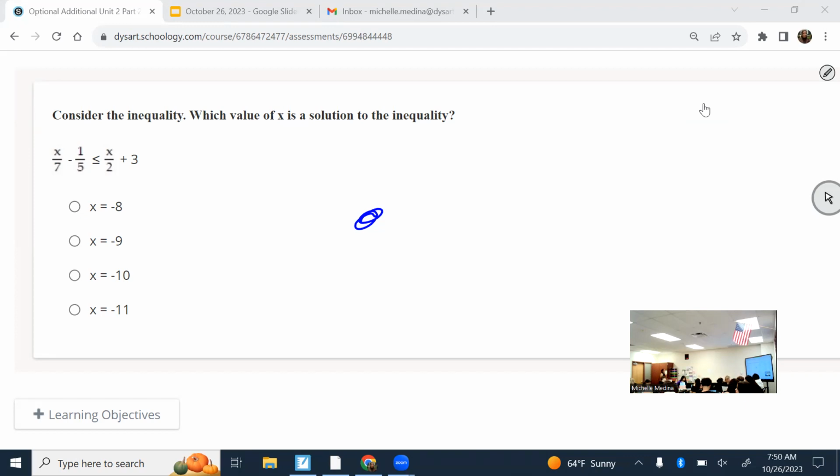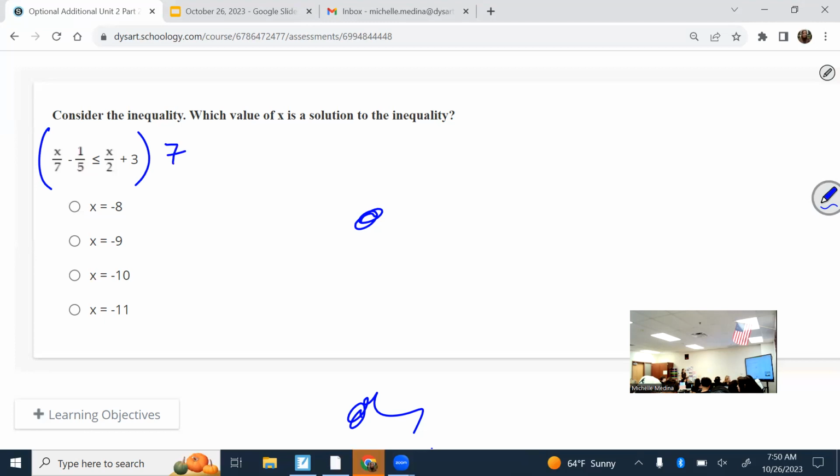So say I want the 7 to go away, like the denominator of 7. What do I need to multiply this entire thing by? Unless you're answering my question, then put your hand up. So if I want to get rid of a denominator of 7, what do I need to multiply the whole thing by? 7.